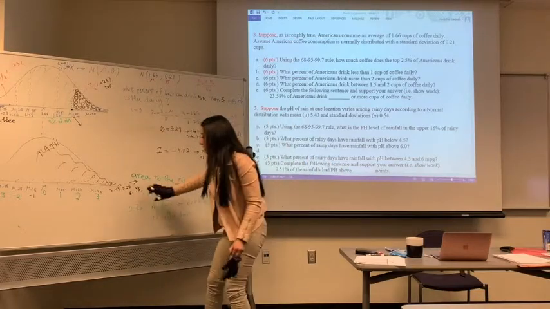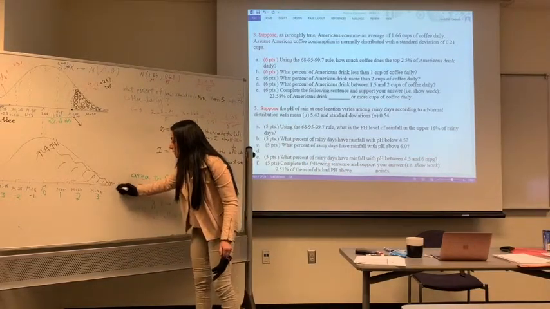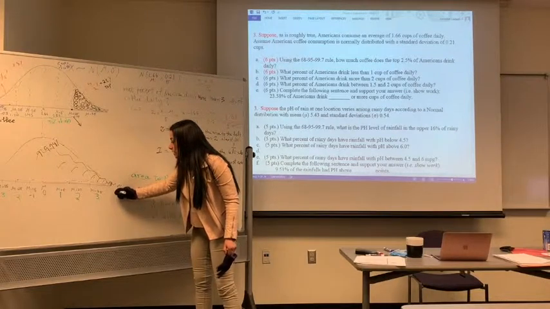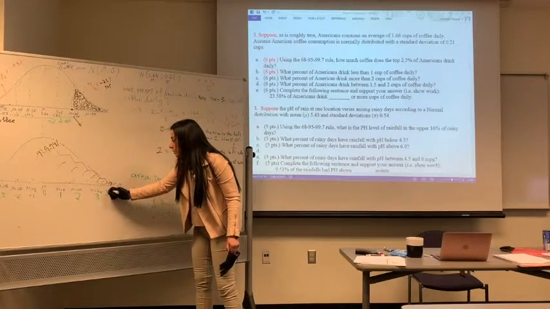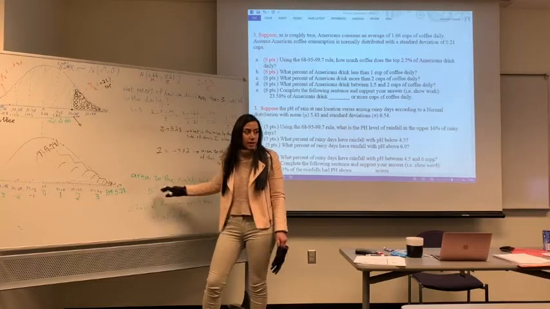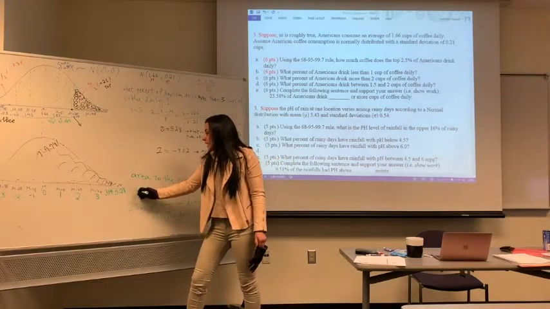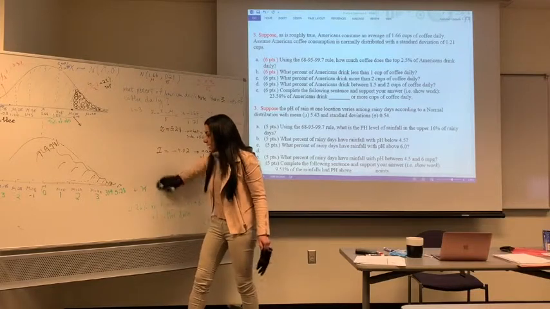So I said if our z is, for example, 5.28, 3.49. Okay, these are the values, let's say, we have on the x-axis, correct?